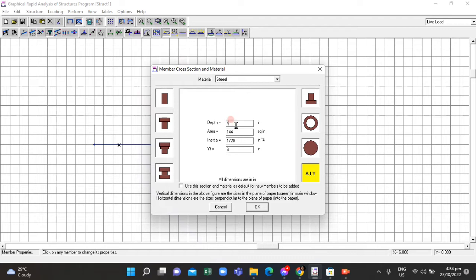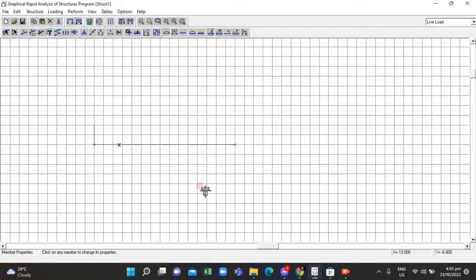Our area is 4.97 inches squared. Our moment of inertia is 3.84 inches to the fourth, and our y top is 0.782 inches. Then we click OK, and we're going to use the sectional material as a default for new members to be added, because I'm going to add the members simultaneously. So I'm going to click OK.